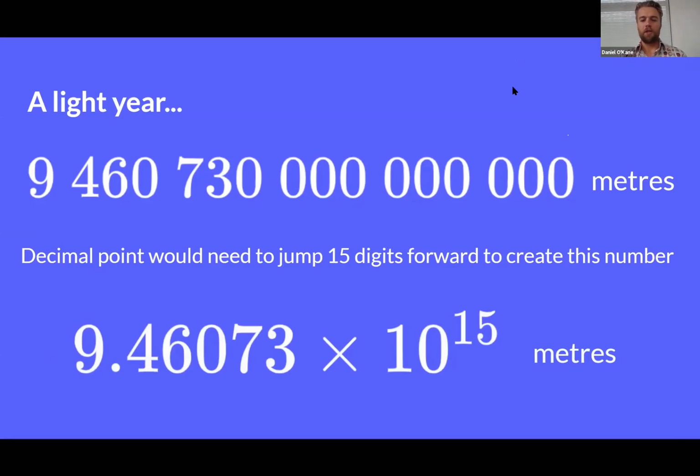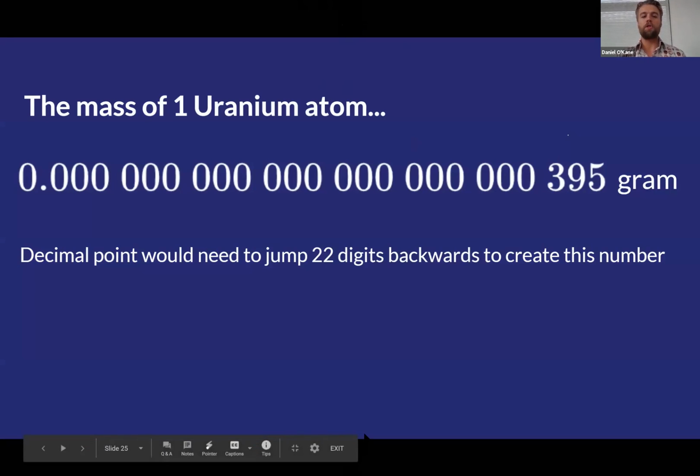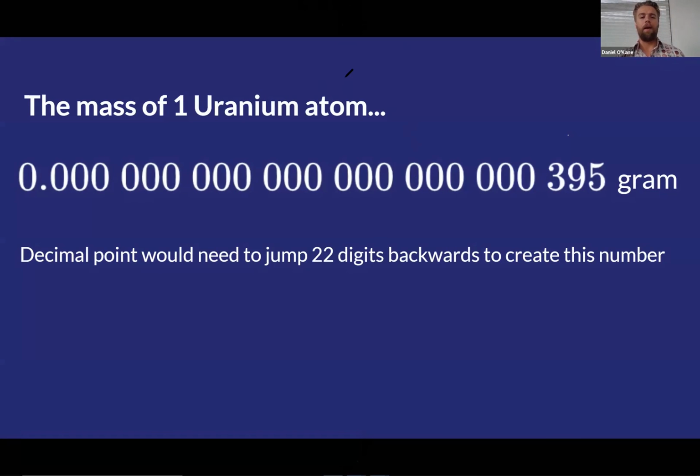And so I can see that's the correct answer. Now I can look at the mass of that one uranium atom that I was talking about in the start of the class. So this decimal point would actually need to jump backwards 22 times in order to create, if this was in scientific notation, it would have to go backwards 22 times to create this number. So let's do that again.